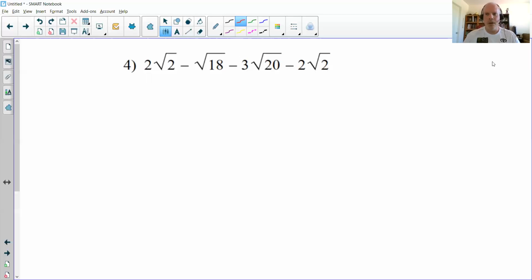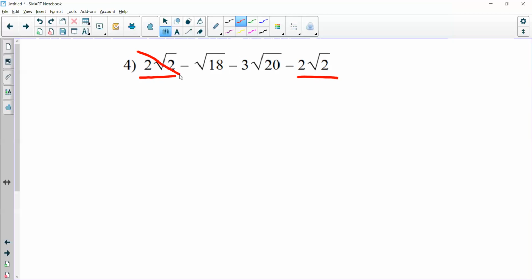So here's how it'll work. 2 radical 2 is already simplified. There's nothing I can do with it. This 2 radical 2 is also already simplified. But if your number sense is awake, you'll notice 2 radical 2 minus 2 radical 2 is 0. So we can ignore those.